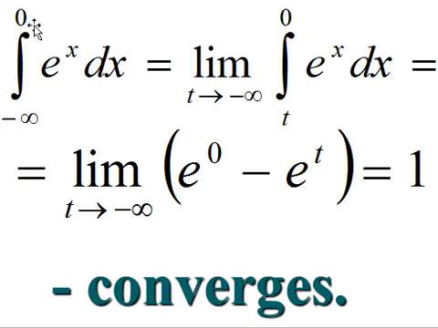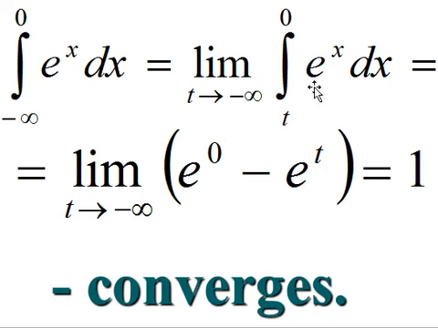Here we have improper integral. We have to write limit when t tends to negative infinity, integral from t to 0, exponential function dx. So we know that integral of exponential function is equal to itself.